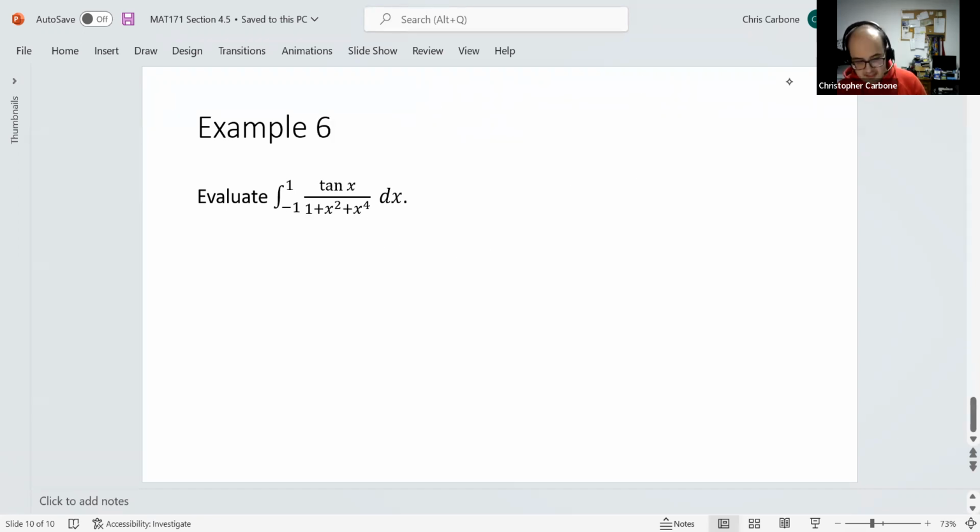And then from our last example, we want to evaluate the integral from -1 to 1 of the tangent of x divided by 1 plus x squared plus x to the 4th dx. So here, if we were to put -x into this function, we would get the tangent of -x divided by 1 plus (-x) squared plus (-x) to the 4th.